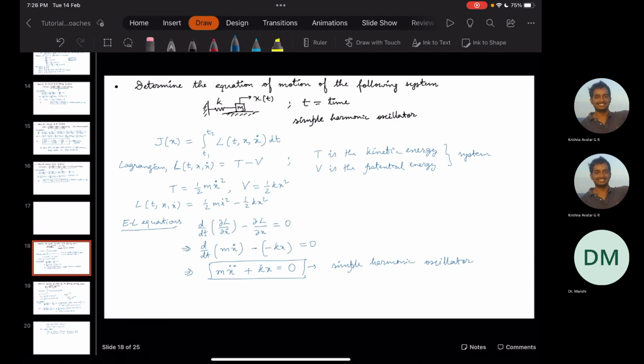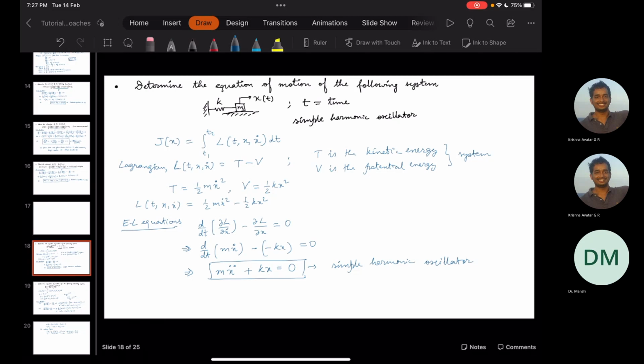I'm sure the professor had explained a bit about the Lagrangian in his week 3 lectures, so I will not be explaining what it means, but just expressing how this Lagrangian is written in terms of kinetic and potential energy.